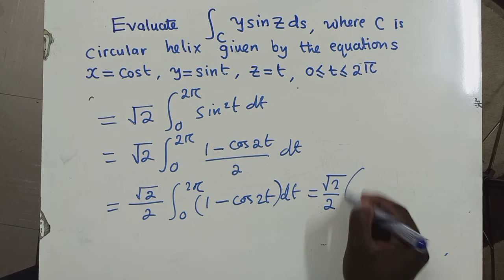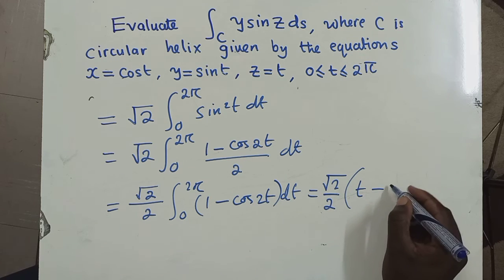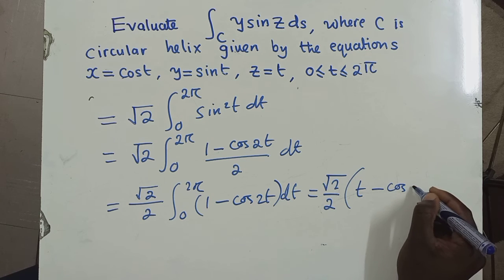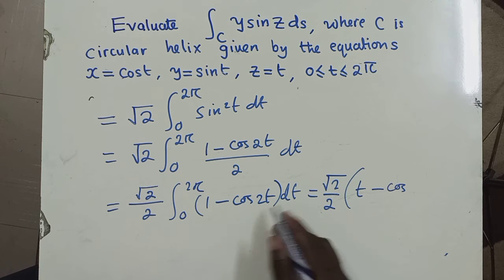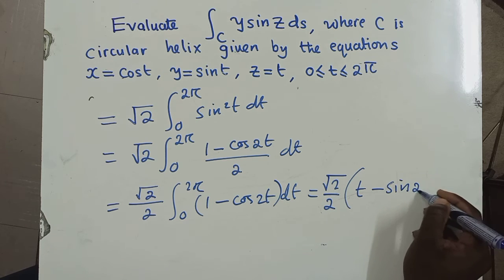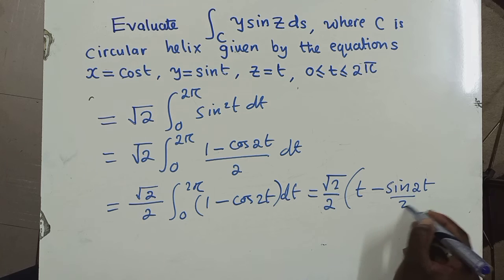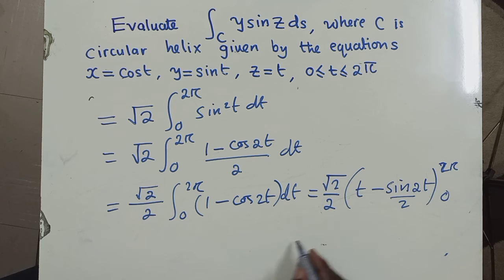The integral of 1 is t, minus the integral of cos 2t, which will just be sine 2t over 2 right here. And the limits are from 0 to 2 pi.